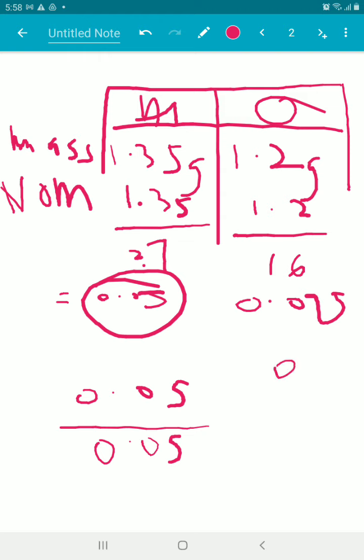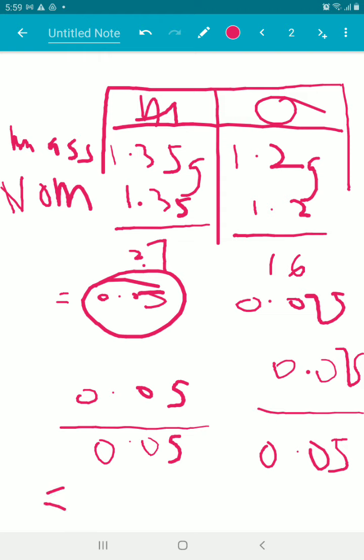And from this column, 0.075 also divided by 0.05. I repeat: to get the simplest number of mole, you need to divide by the smallest number of mole. You determine which one is the smallest. In this case 0.05 is the smallest.